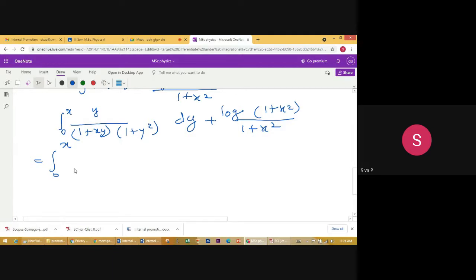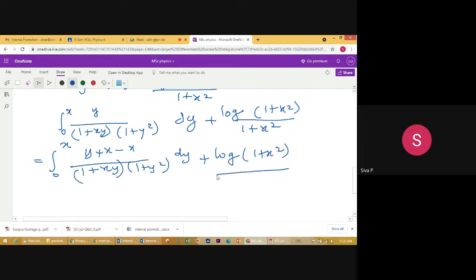So y can be written as y plus x minus x divided by 1 plus xy into 1 plus y square dy, plus log 1 plus x square by 1 plus x square.